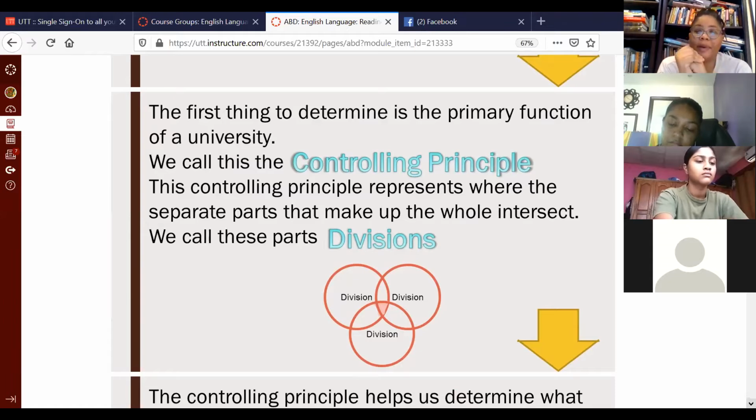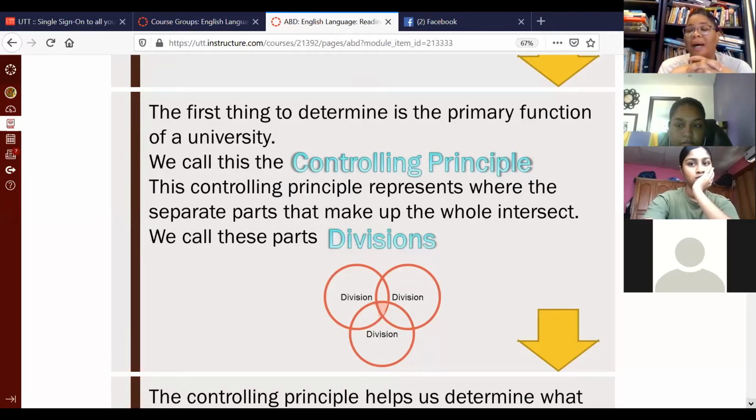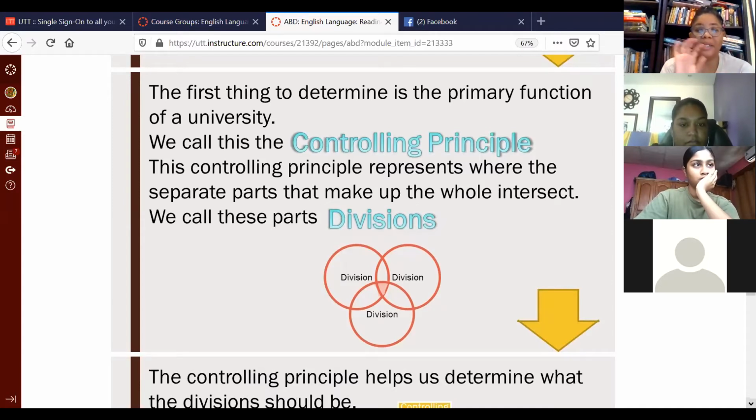In analysis by division, you call this the controlling principle. So if you say a university is meant to teach, to educate, or I can even say controlling principle is a university is a public or private institution meant to make an impact on the intellectual life of a community, right? So you find what is the one central function called the controlling principle.